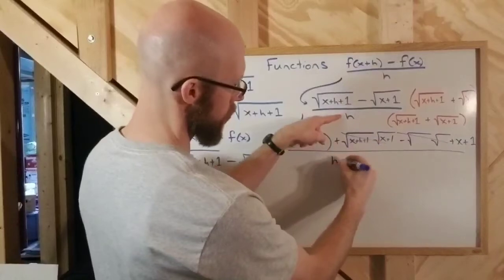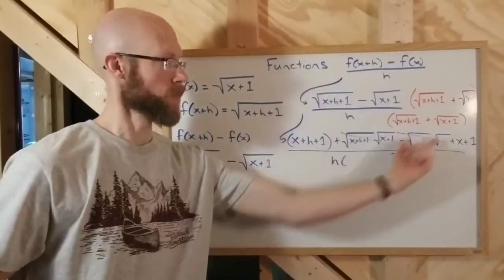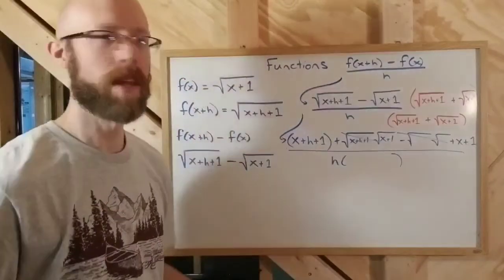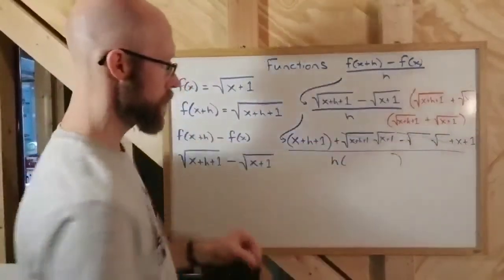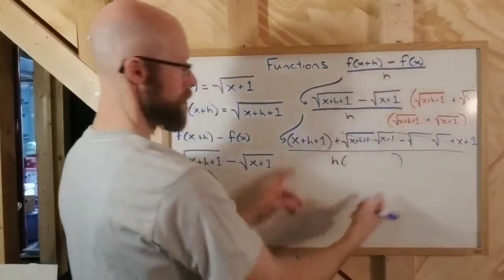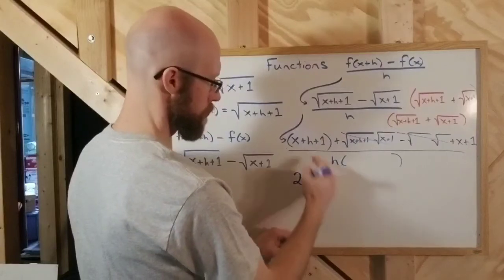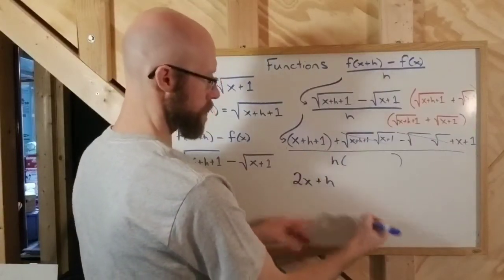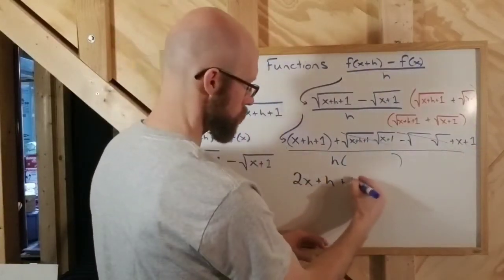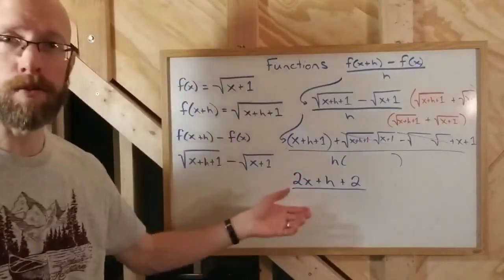And so really what I have in this numerator is, oh, I should probably write the denominator in. The denominator is h times all that stuff. I'm going to leave it off. We know that thing is what goes in here for right now. On the numerator, I have x plus h plus 1 plus x plus 1. Combining like terms, x plus x is 2x. The h doesn't combine with anything. The 1 and the 1 make it 2. That's my numerator.